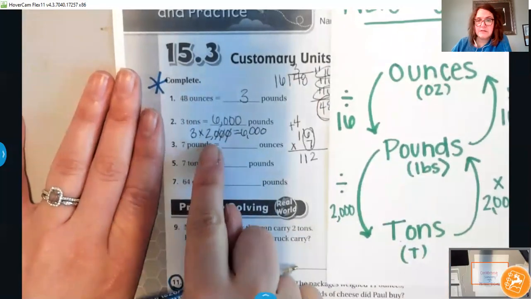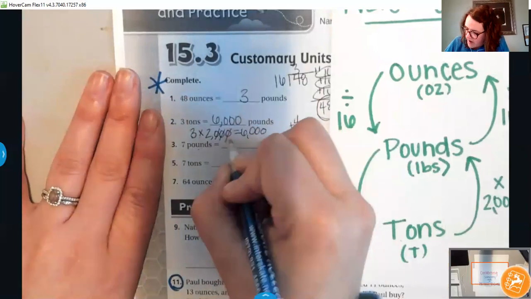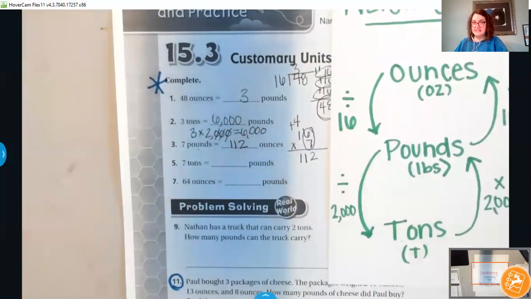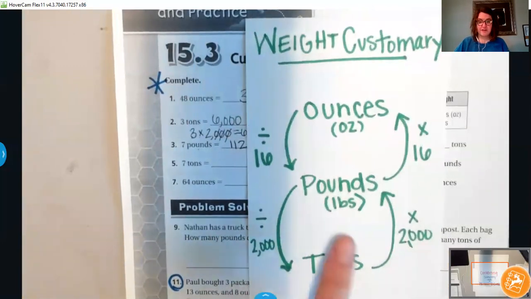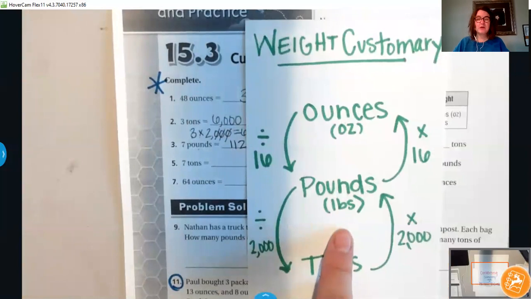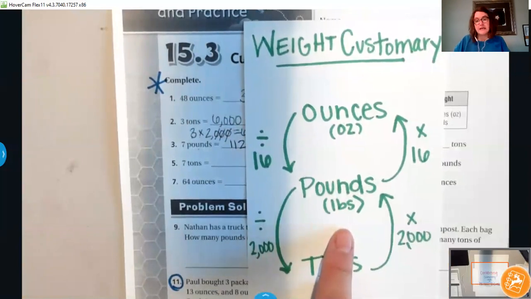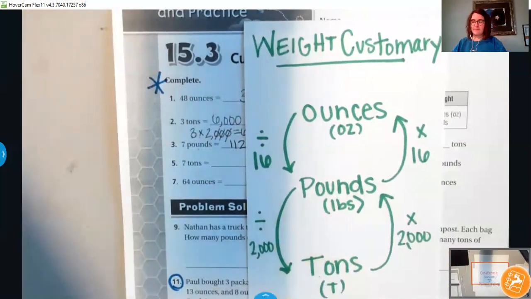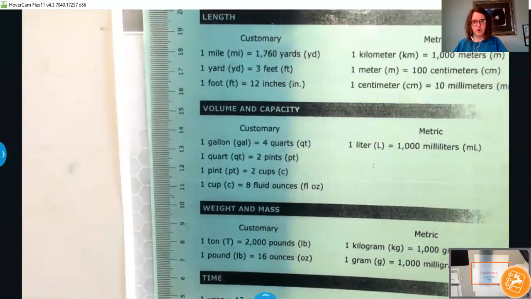So 7 pounds equals 112 ounces. Now, once again, I can't state enough the importance of this reference sheet. It makes this all so much easier, and it's just taking this information and putting it in a different form.